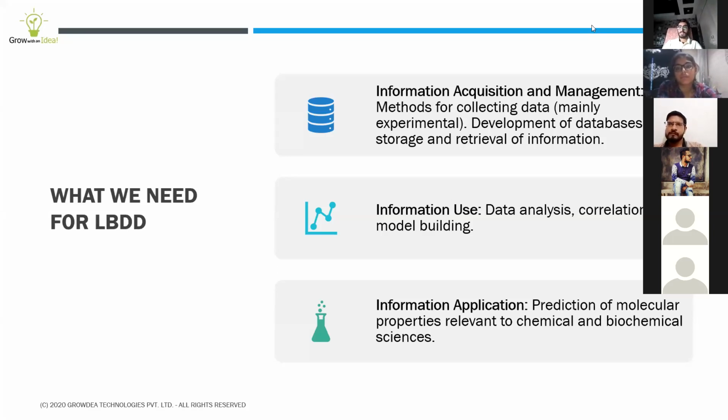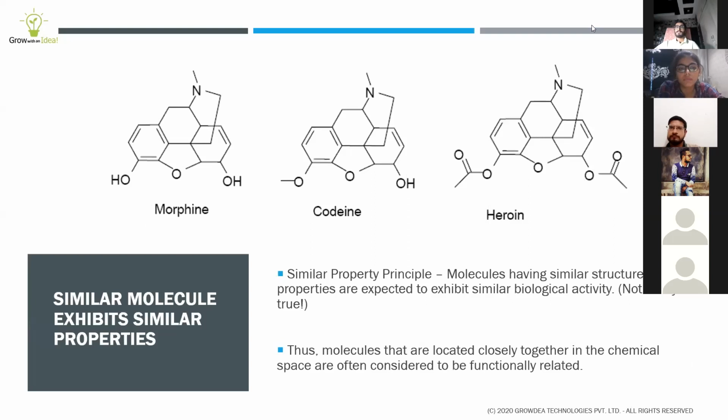When we say data, it means the chemical information, the structures of the molecules, and also their corresponding IC50 or corresponding activity. These are the data. Then we process the data, and the information that we extract from the data can be used for further prediction. Let me tell you how we can do all these things.